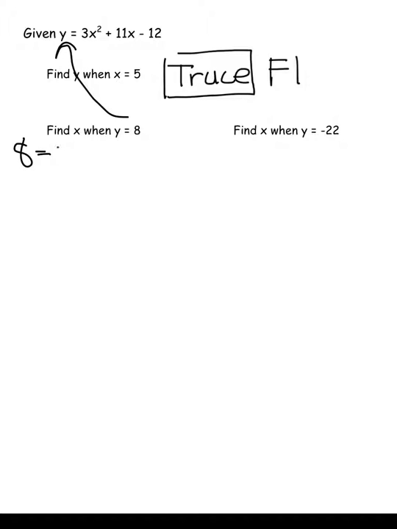Don't try undoing if you have both an x squared and an x. There's no way you're going to get those two x's by themselves. So the first thing we need to do when we plug in an 8 is make the math problem equal 0. So minus 8. If we don't make the math problem equal 0, then the zero product property won't work for us.